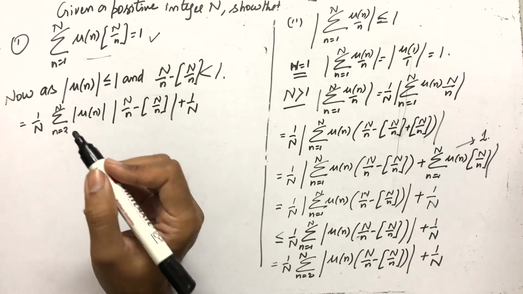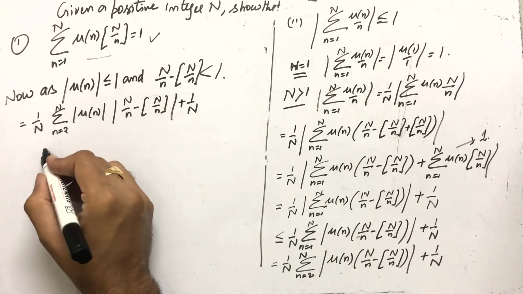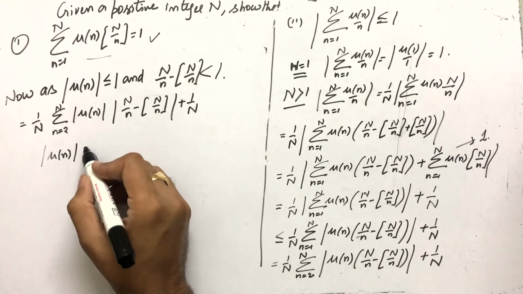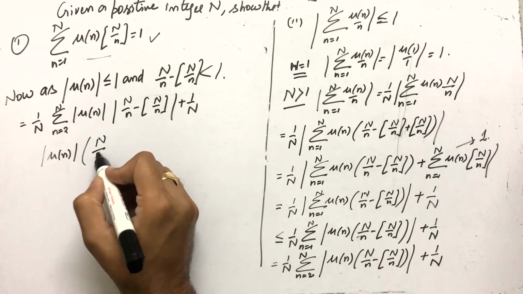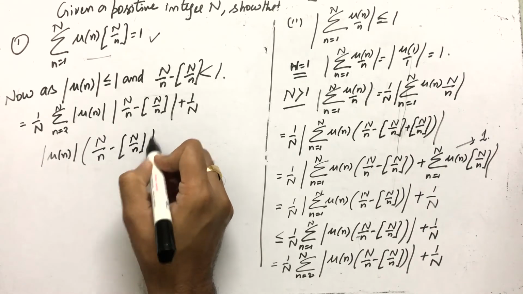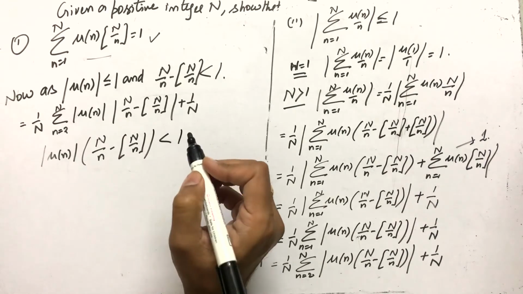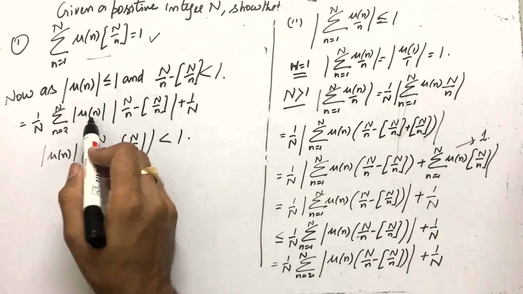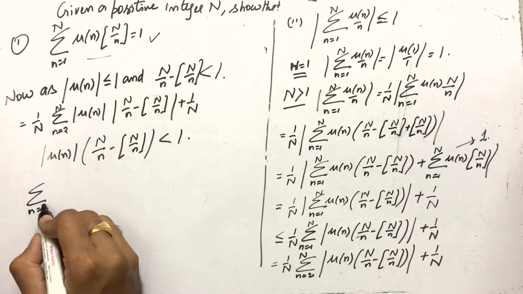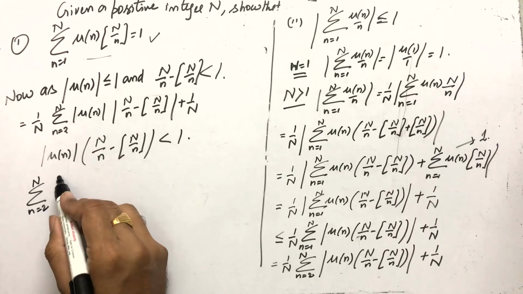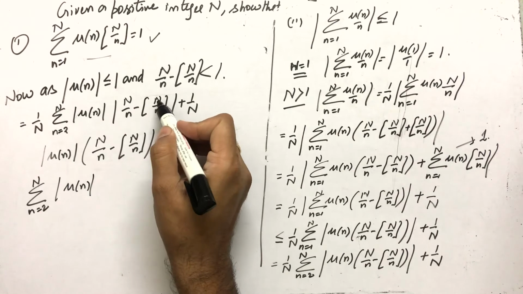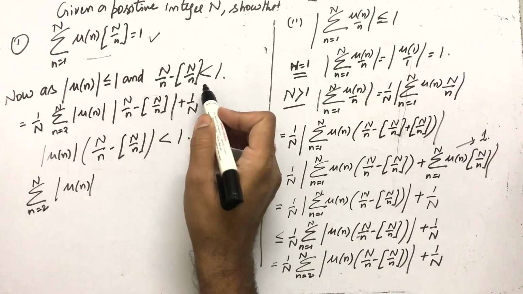So as we have already seen, this means mod of mu n into n by n minus greatest integer of n by n is less than 1. So converting this into this form, taking the summation n from 2 to capital N mu n, because this is always positive, strictly greater than 0 and strictly less than 1.